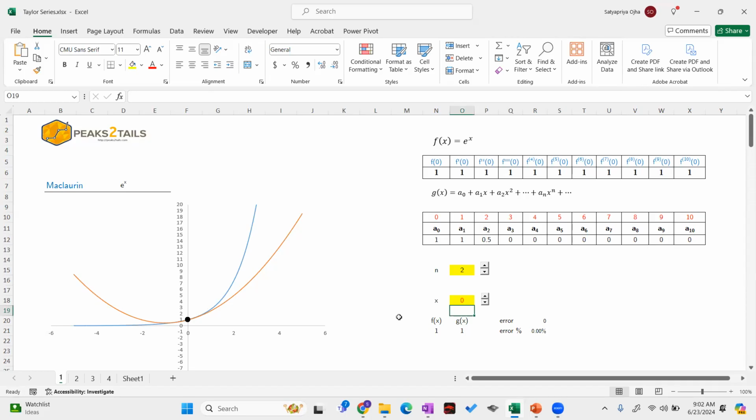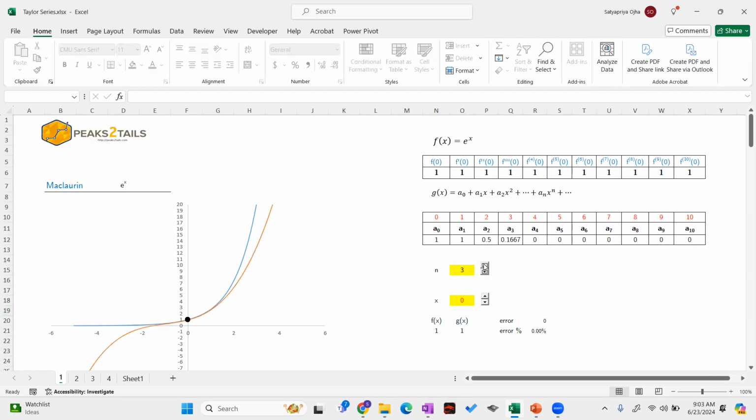So long story short, wherever the function is expanded at, the approximation will always match with zero error at that point. If you move away, the approximation becomes less and less accurate. But if you include more and more terms, then the error would be less. So that's the moral of the story.